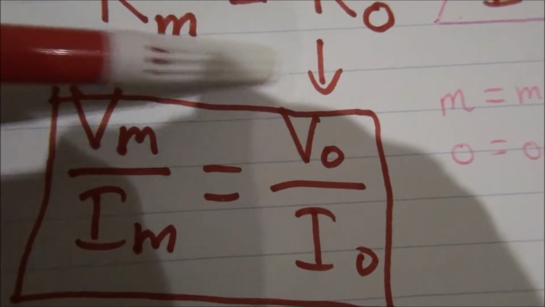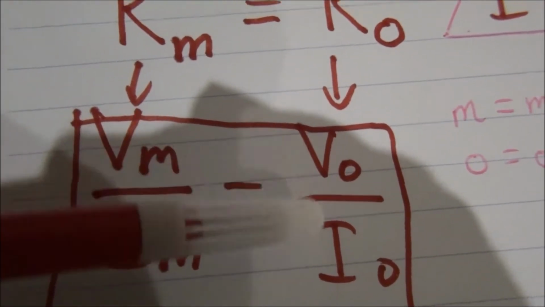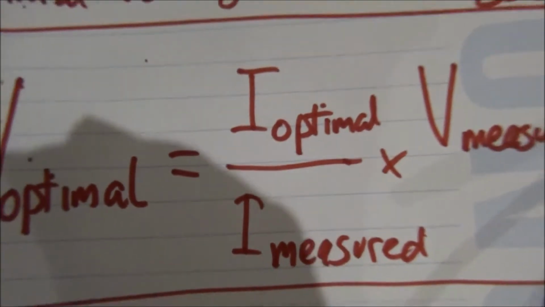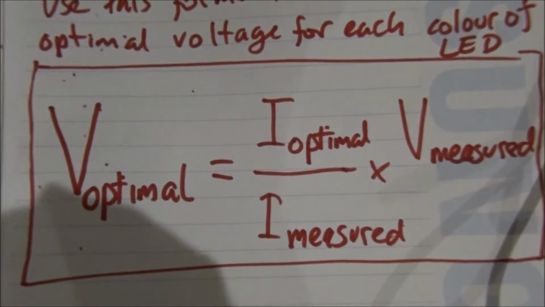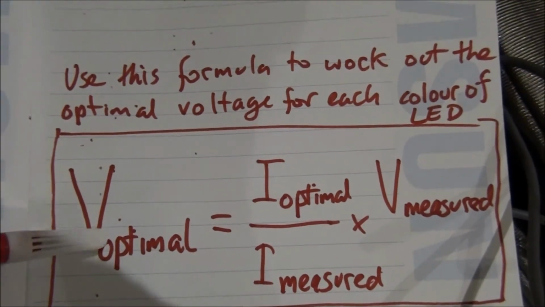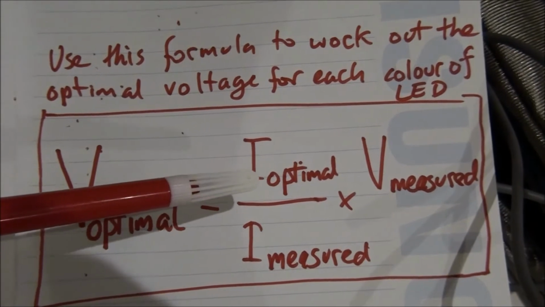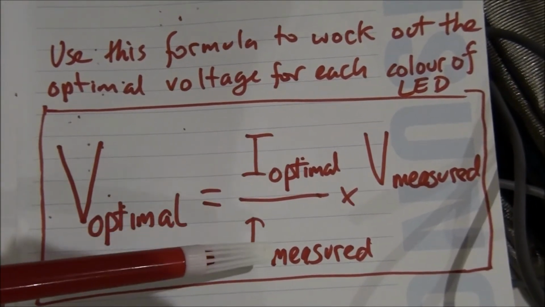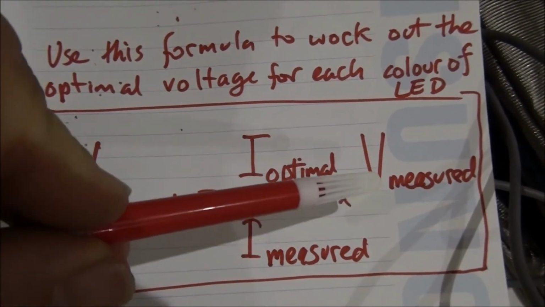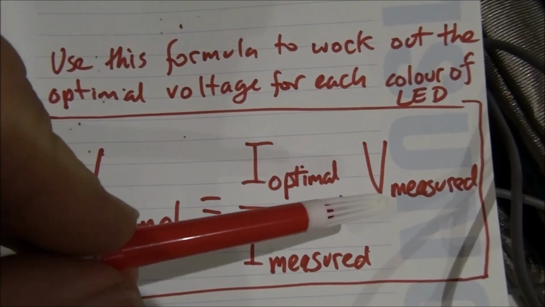Therefore, using some algebra to convert this equation so that this thing here is by itself, we get this equation over here, which is: the optimal voltage for our LED is equal to the optimal current, which is 20 milliamps, divided by the measured current, which in this case is 16.1 milliamps, multiplied by the measured voltage across the LED, which is 2.98 volts.